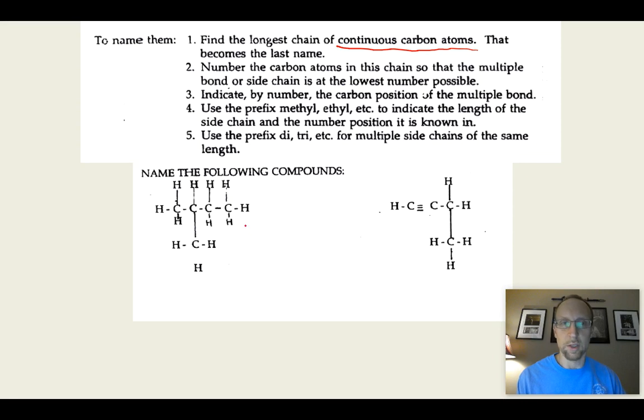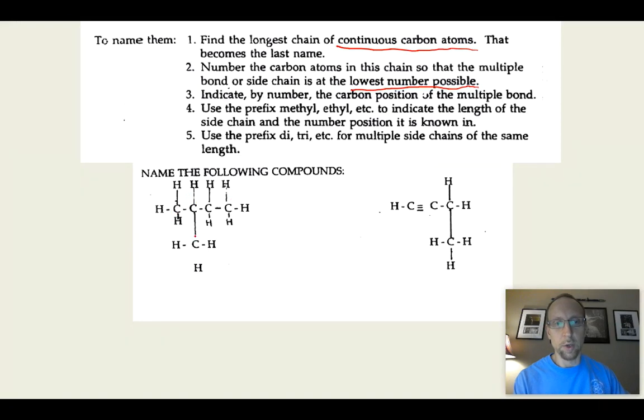longest consecutive chain. So now we want to number the carbon atoms in the chain so that the multiple bond or side chain has the lowest possible number. That's important because we don't want to just be making mirror images of the same structure. So this is 1, 2, 3, 4.